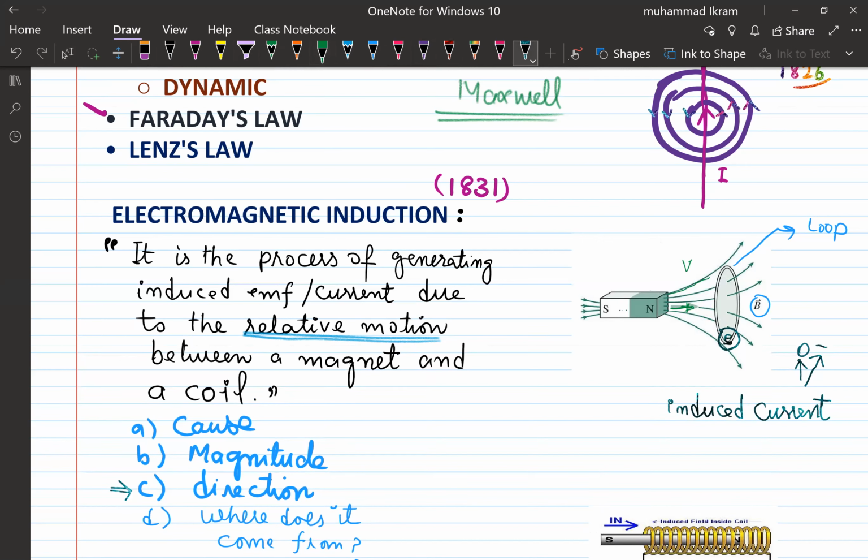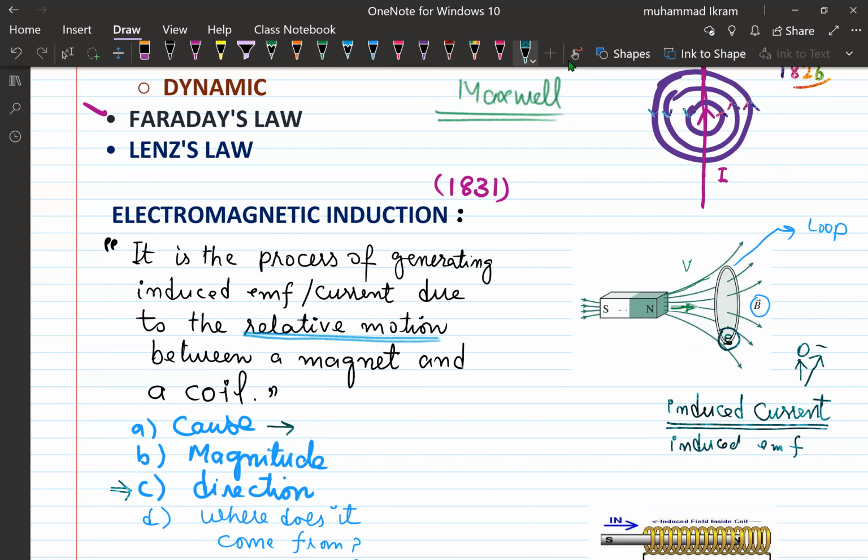Definitely, because there will be some induced voltage, or induced EMF. Now where does this come from? Before, the magnetic field already existed, but since there was no motion, motion is also not, in fact, the cause.